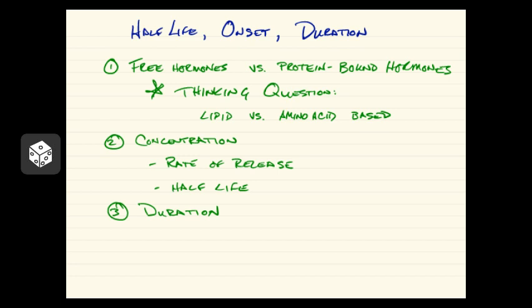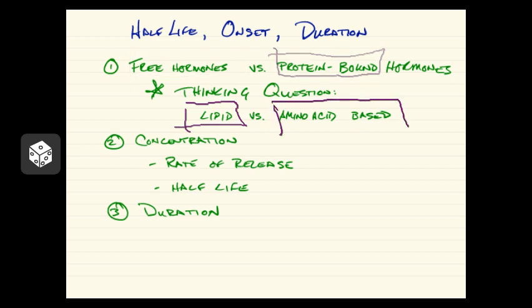In terms of transport, hormones can be transported as free hormones, or they have to be bound to a protein. So now I want you to think, which one of these could be transported as a free hormone, and which one would have to be attached to a protein? I'll answer that at the end of the slide, but think about it.